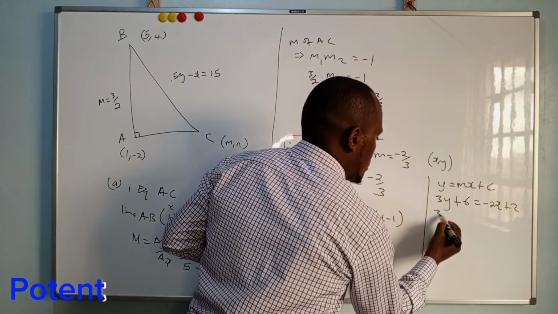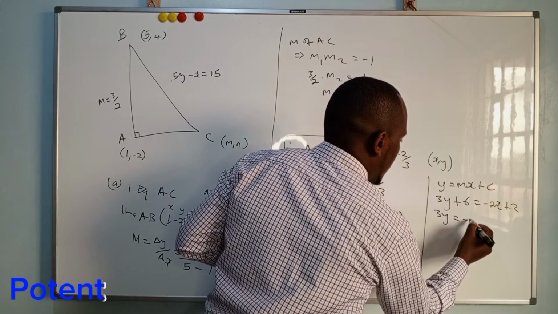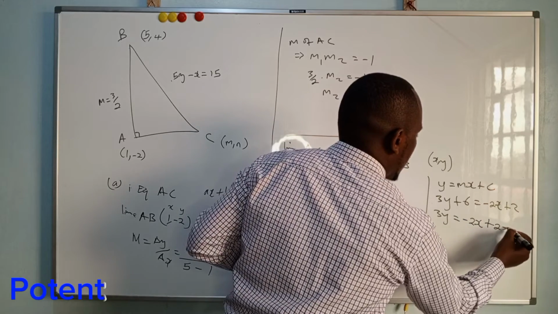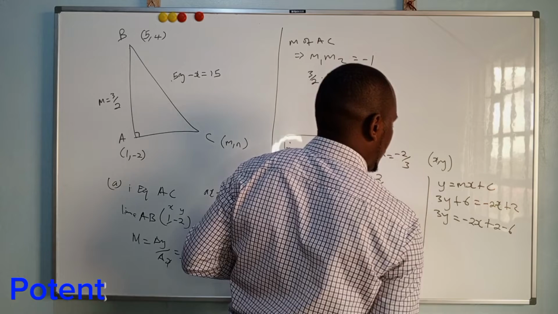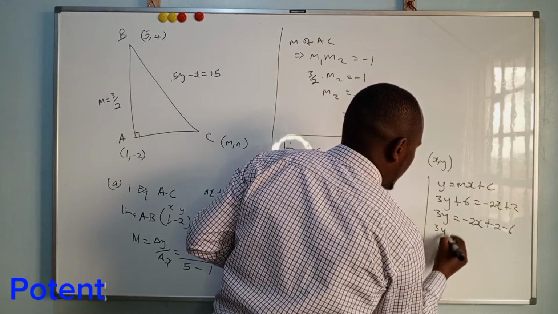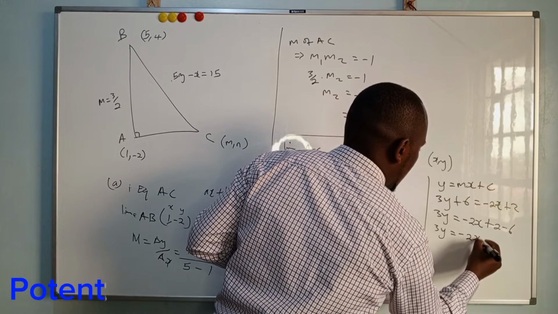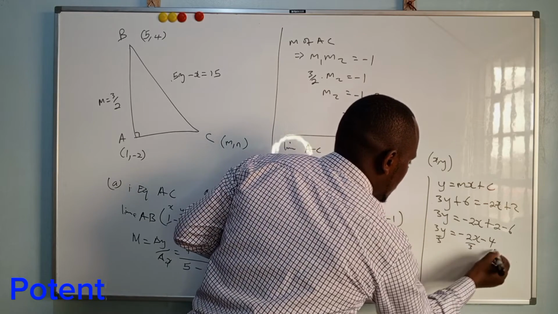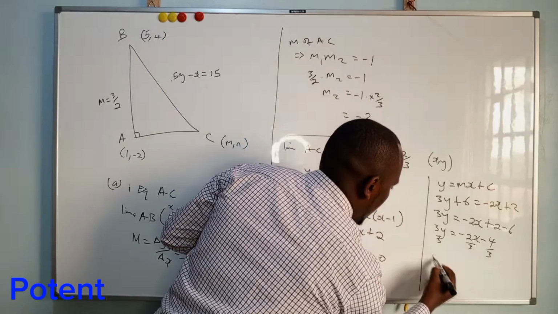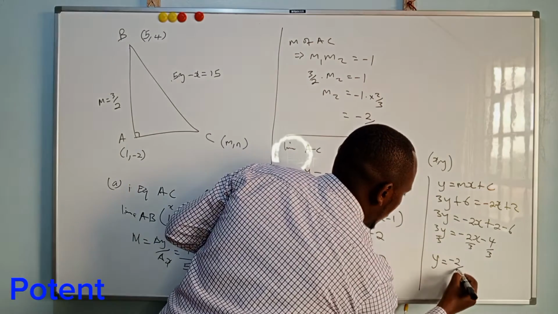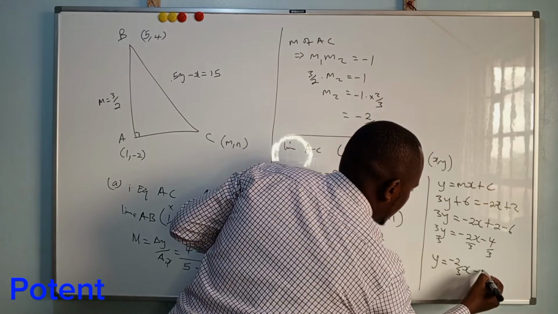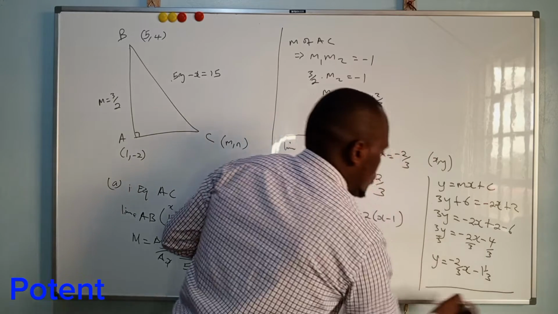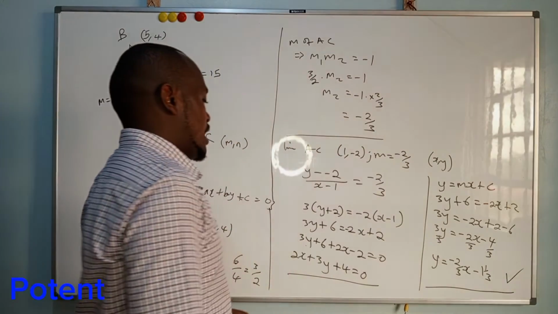So 3y equals negative 2x plus 2 minus 6, which is minus 4. So you have 3y equals negative 2x minus 4. Then divide by 3. You will have y equals negative 2 over 3 x minus 4 over 3, or 1 and 1 over 3. So this should have been the answer.